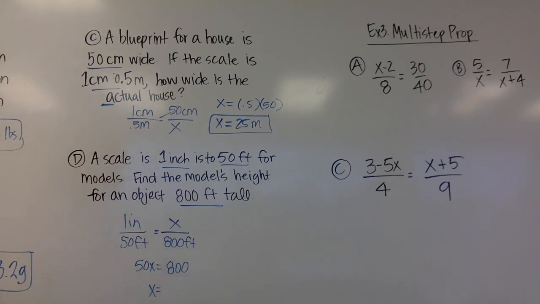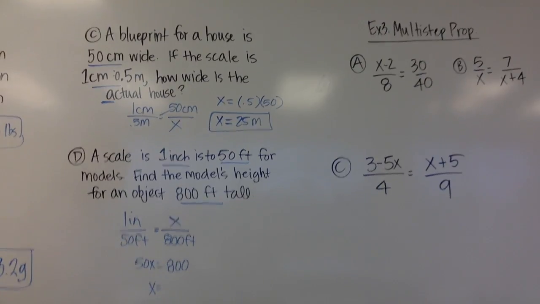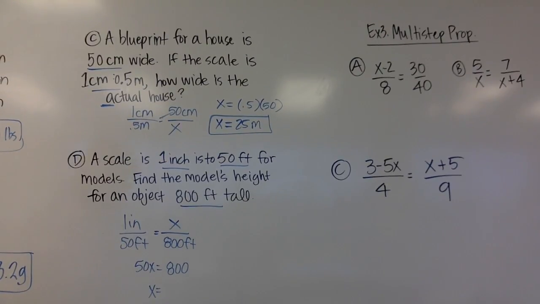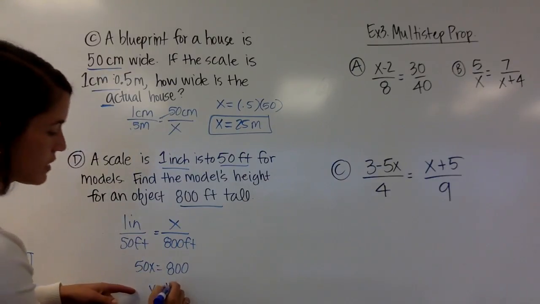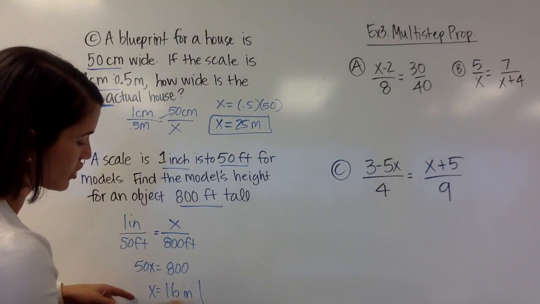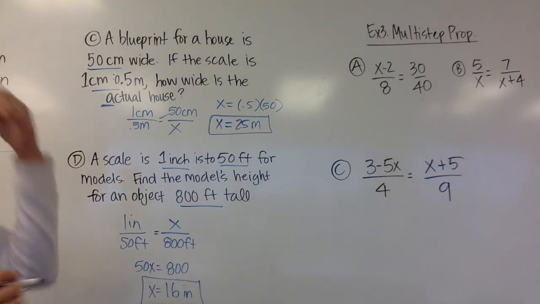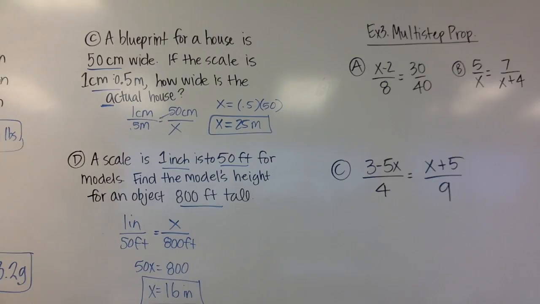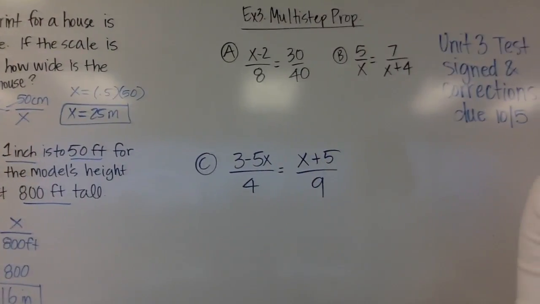And then you're going to divide by 50, and so I believe it's going to be 160. Let's see, 800 divided by 50. Oh, 16. Whoops. 16 inches is the model's height. So I know these are really quick. All right, so let me show you the last few.